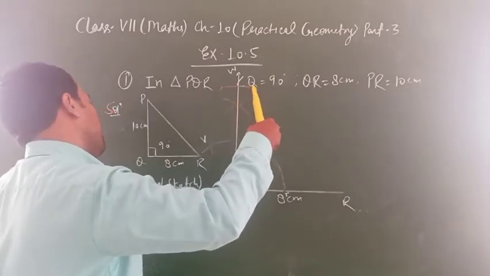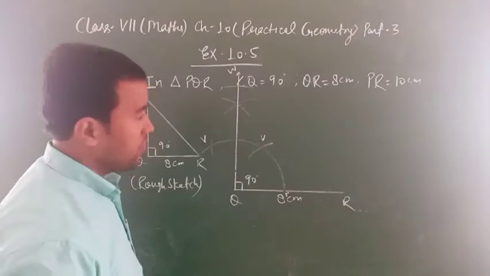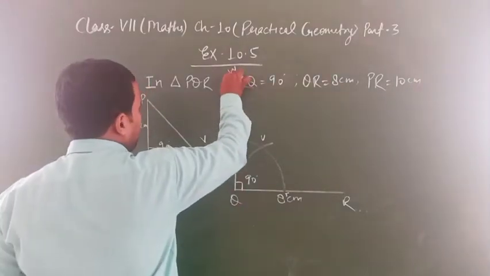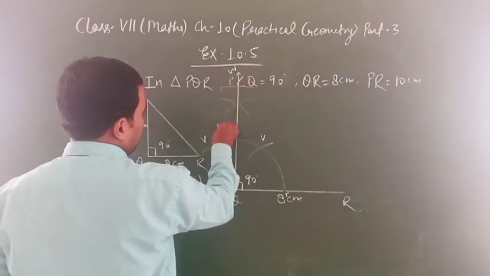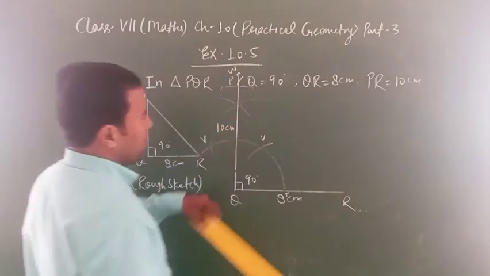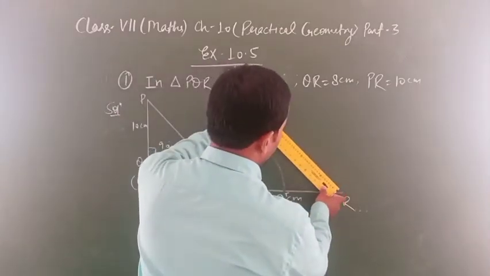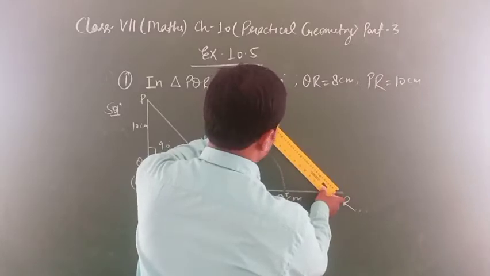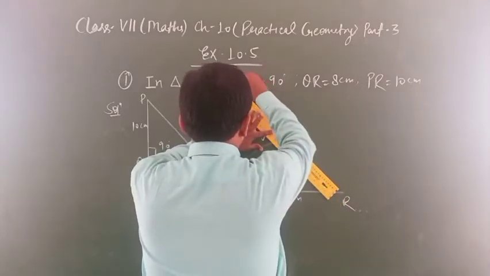Clear? This cut arc name we will write P. And the distance is 10 centimeters. Clear? After that, join PR. Okay? Join PR.